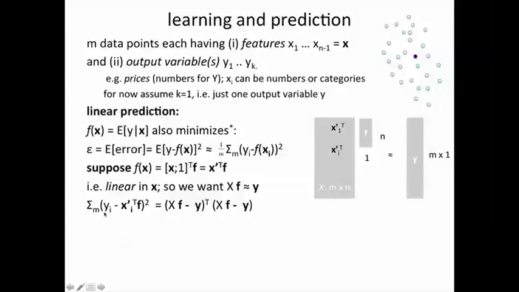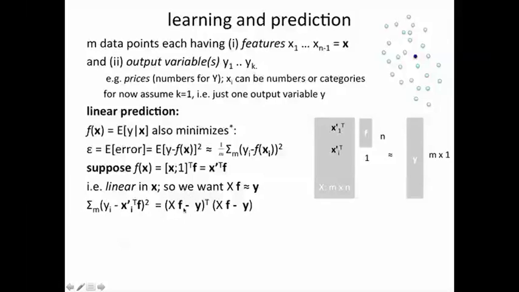If we write the sum of squares in matrix form, it turns out to be simply the difference between xf and y, transposed and multiplied by itself. So essentially it's the norm, or the sum of squares, of this difference vector, which is exactly what we have here. This quantity needs to be minimized.